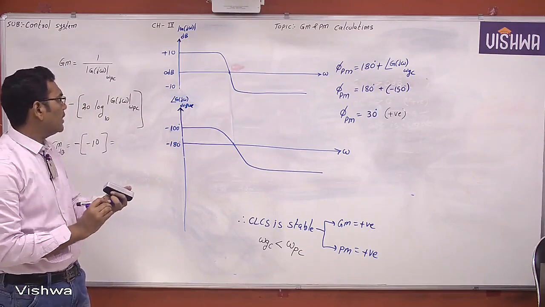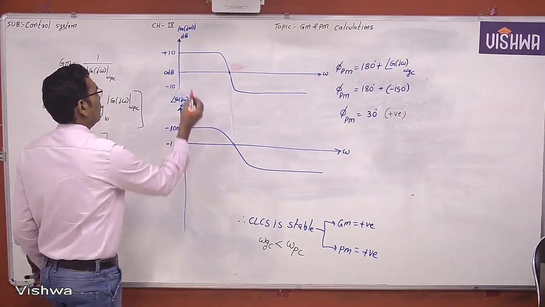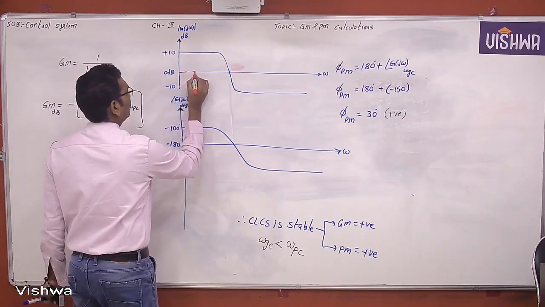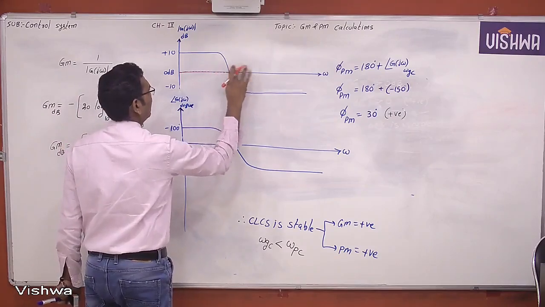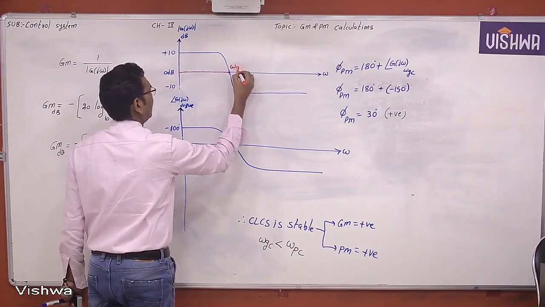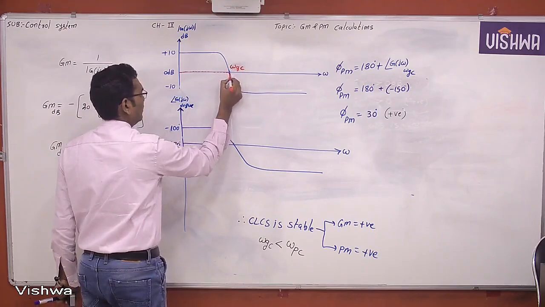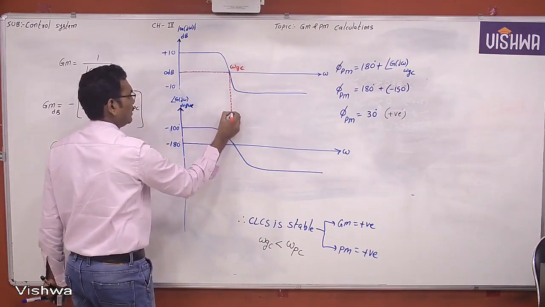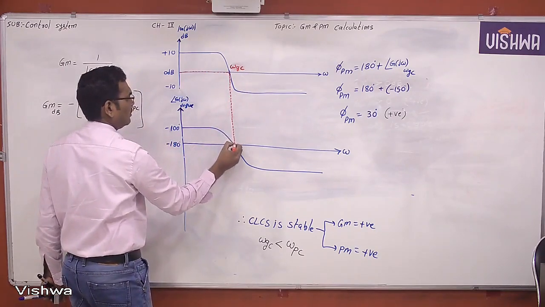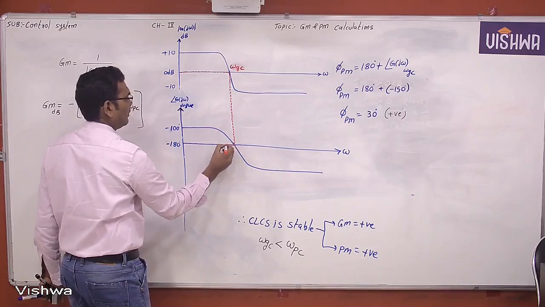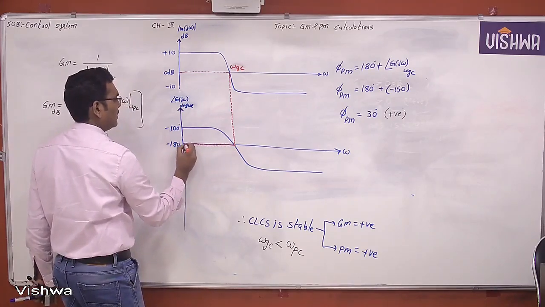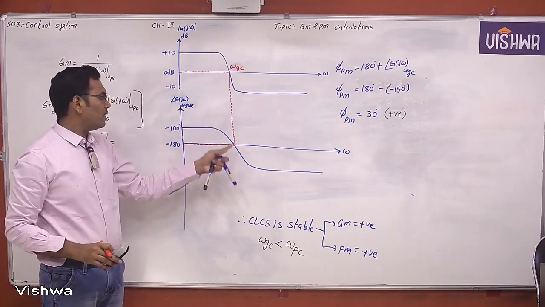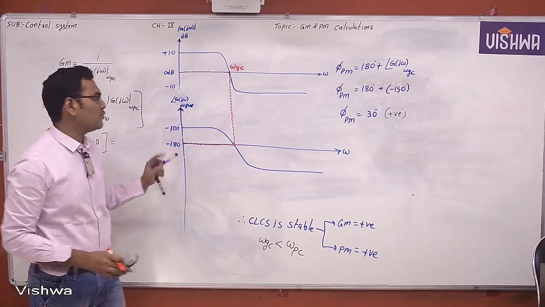You just see here. When the magnitude is equal to 0 dB, this particular frequency is called the gain crossover frequency. At the gain crossover frequency, what is the phase angle? The phase angle is exactly minus 180 degrees.